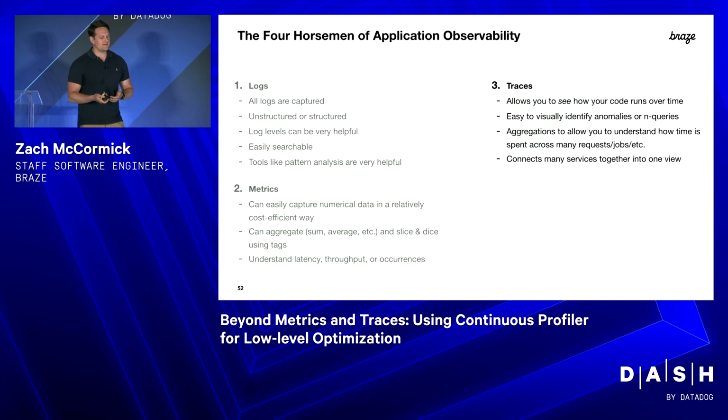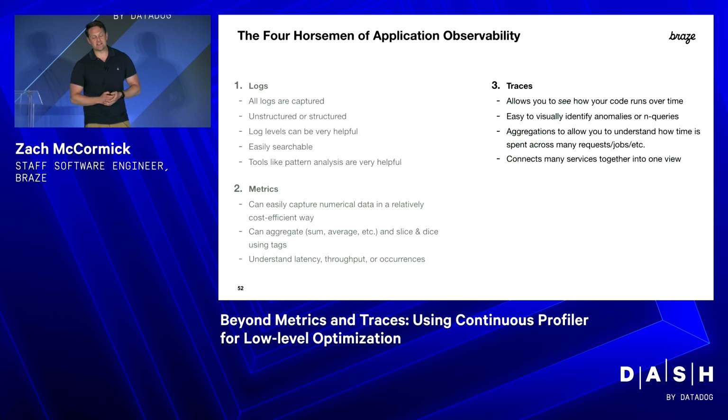And you can visually identify anomalies, things like N+1 queries. That's a big one that we're always hunting down at Braze. We change some process to work on one user or one data point at a time to work on 100 data points at a time, and all of a sudden we're making 100 calls to the cache. It's really easy to see this stuff from traces, which is great.